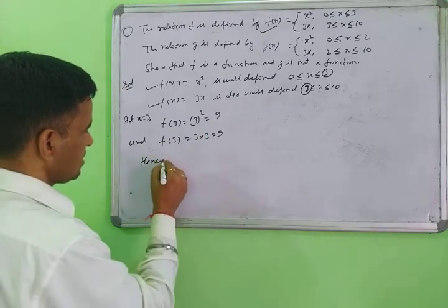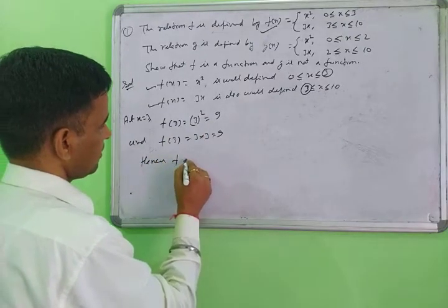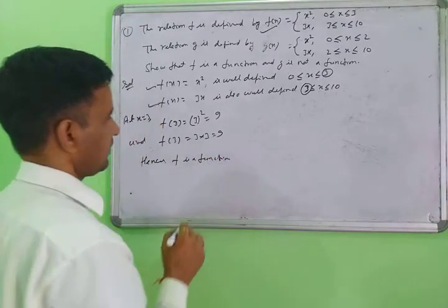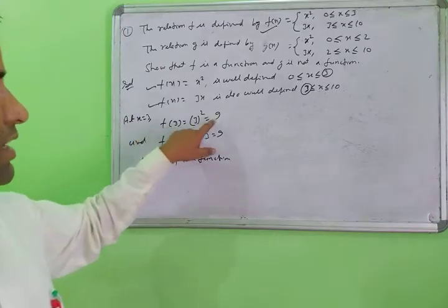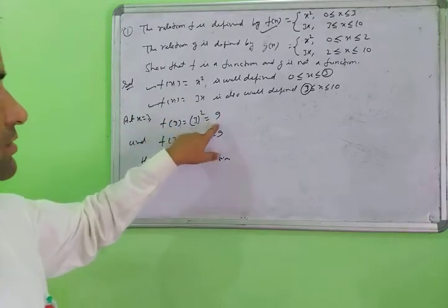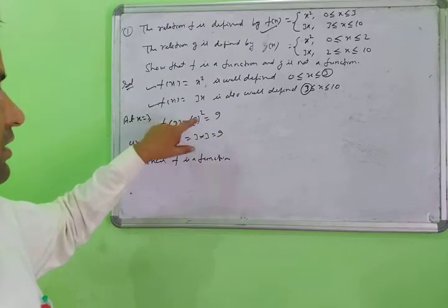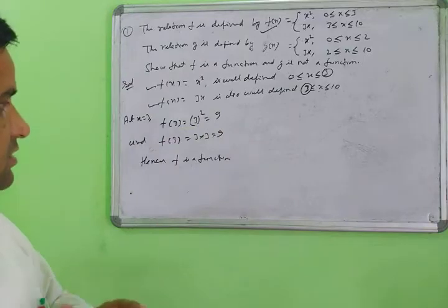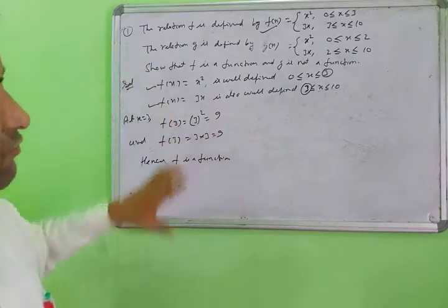Hence f is a function. So 3 has the particular image 9, and 9 is the pre-image. So this is a function.